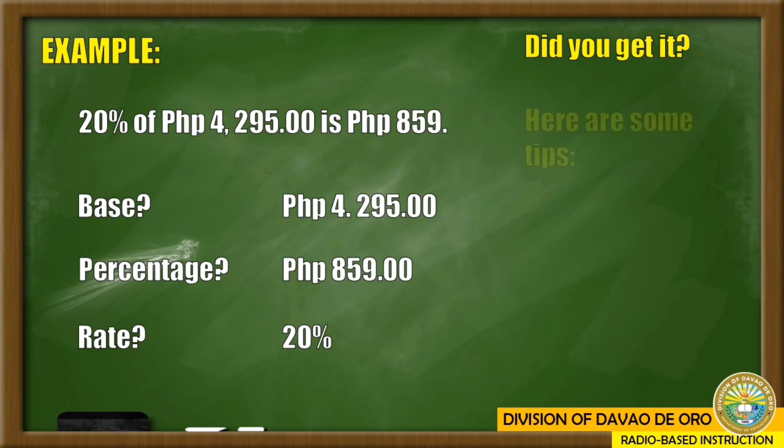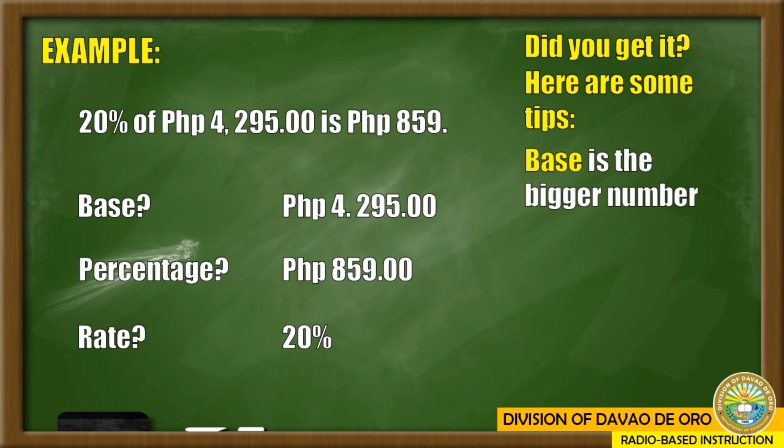Very good. Here are some tips to easily identify the base and the percentage, because it is a common mistake of some students. So here are my simple tips. In finding the base, it is the bigger number. Look, what is our base? 4,295.